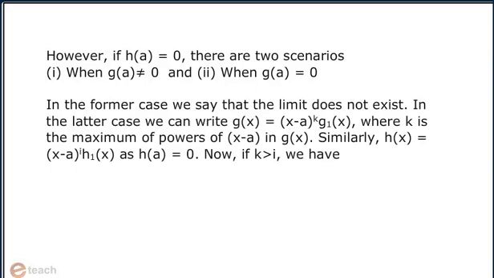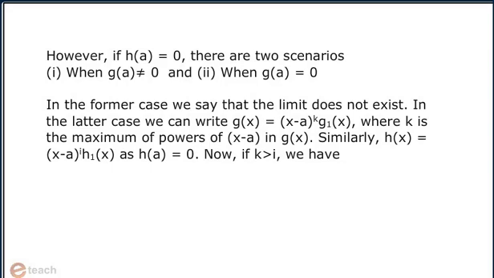In the latter case, we can write g(x) equals (x minus a) raised to the power k into g1(x), where k is the maximum power of (x minus a) in g(x). Similarly, h(x) equals (x minus a) raised to the power l into h1(x) as h(a) equals 0.